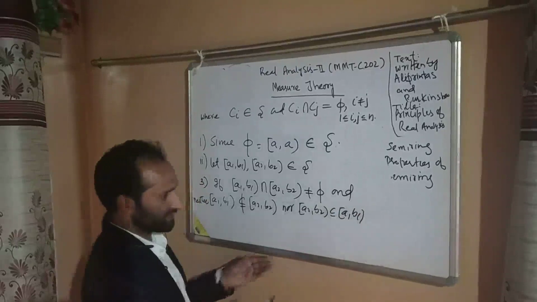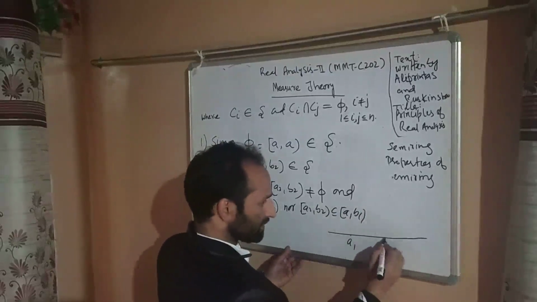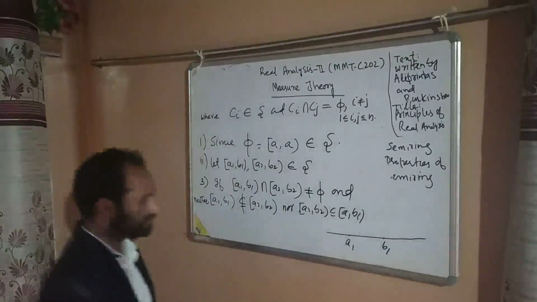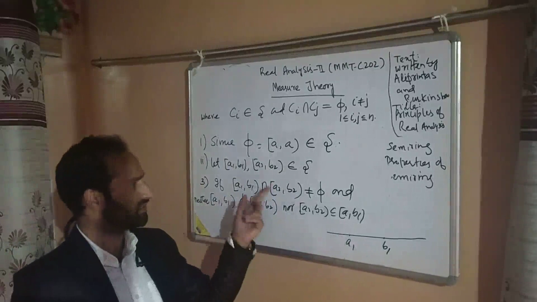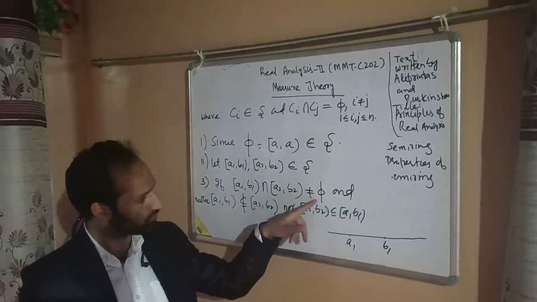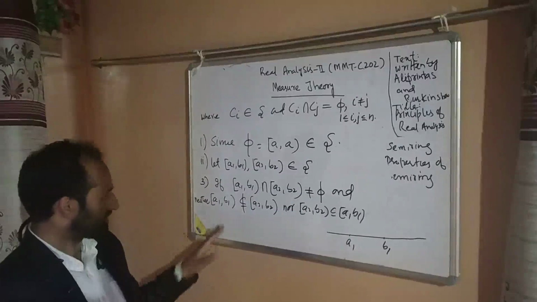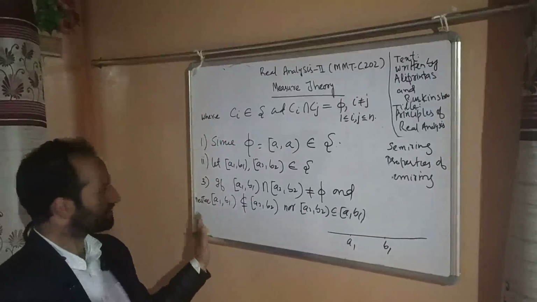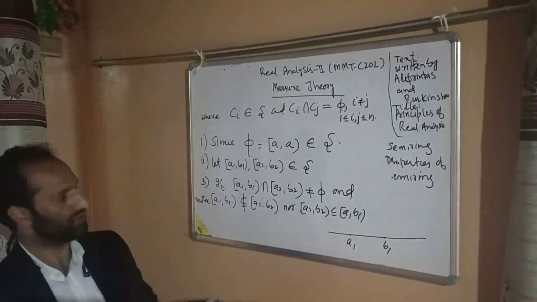Then the situation is like this: it's A1, it's B1, and A2, B2. A1, B1 intersection A2, B2 is not equal to phi. That means these two intervals must intersect such that neither A1, B1 is a subset of A2, B2 nor A2, B2 is a subset of A1, B1. The situation is like this.